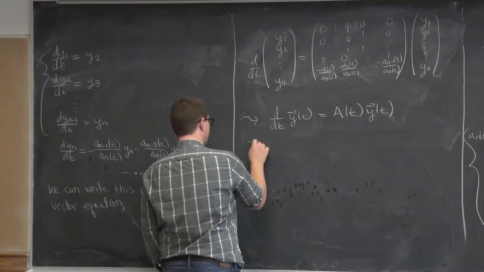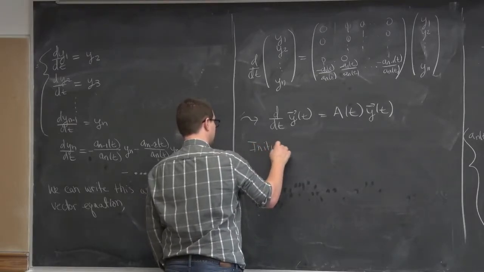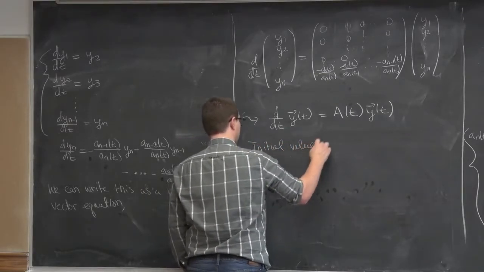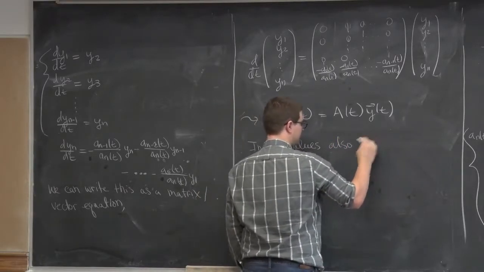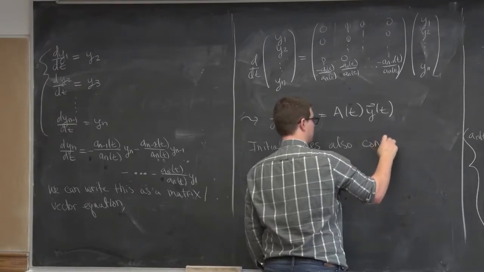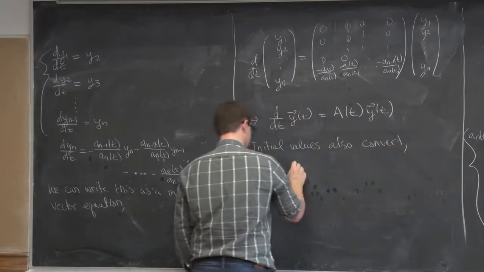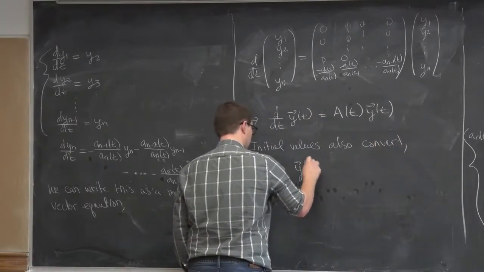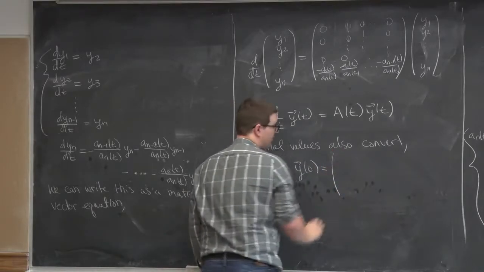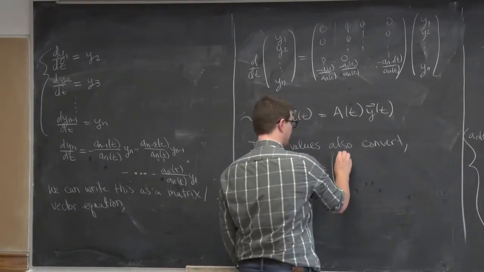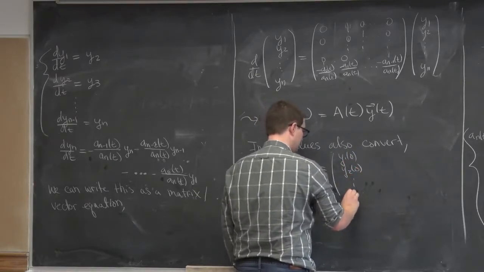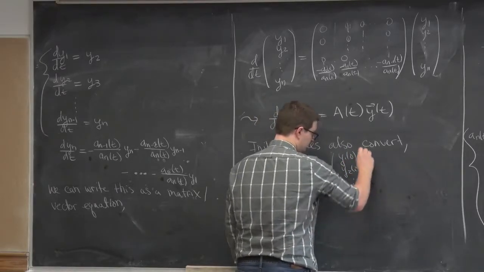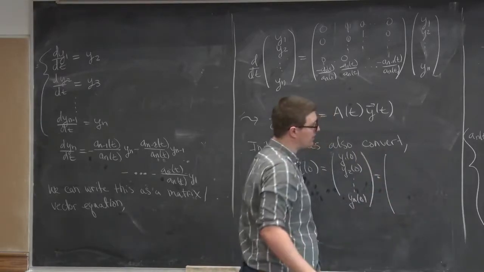So for the initial values, y of 0, this would be y1(0), y2(0), yn(0), and then we were given those values here.